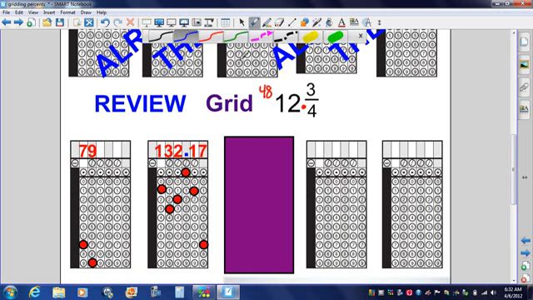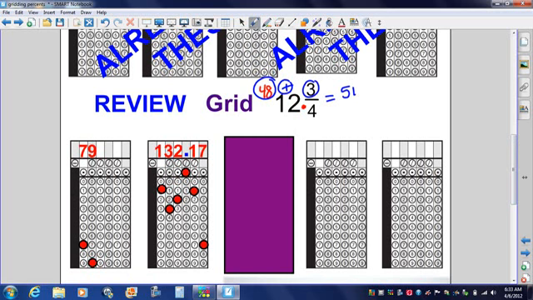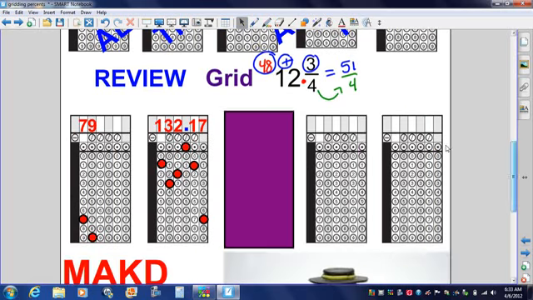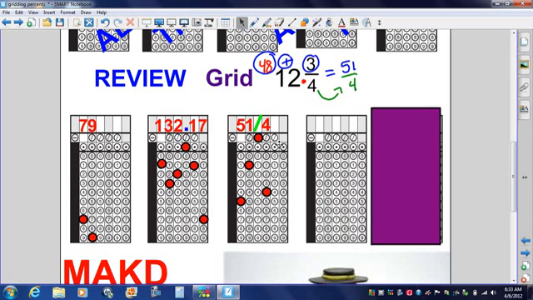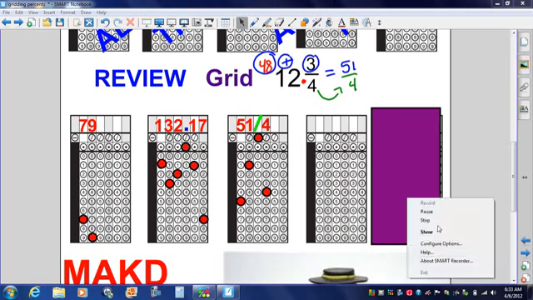I'm going to add my numerator. 48 plus 3 is going to give me 51. I'm going to keep my denominator. MACK: multiply, add, keep the denominator. So in your third grid, please grid 51 fraction bar 4. That is an improper fraction. Nice. Make sure that you bubble in the fraction bar.